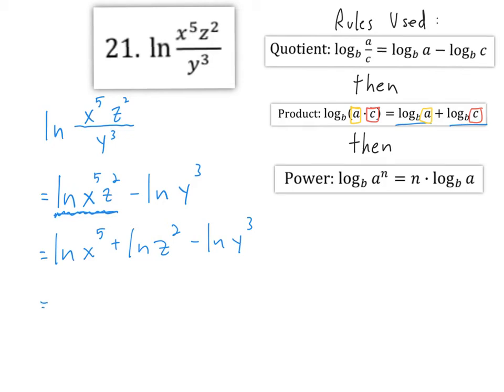So this 5 can get written first, and then just times ln x plus, and then the 2 from the z squared comes out. I'm just left with ln z minus, and then the 3 from the y cubed can go out front, and you just have ln y. And so that'll be the final answer for that one.